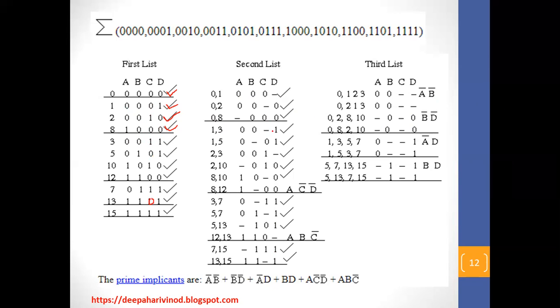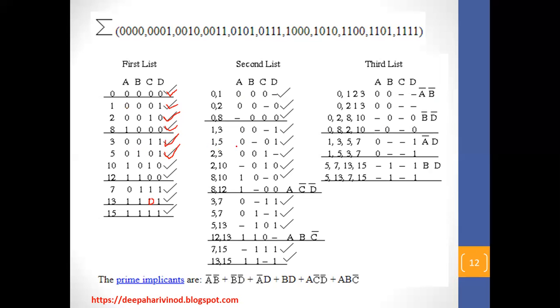So third bit will be dash, as rest everything will be same, 0, 0 dash 1. So mark a tick mark for this. And next is 1, 5. That is 0, 1, 0, 1. So I think the second bit is changing over here. You can notice it from 0 to 1. Rest everything it is 0, so 0 dash 0, 1 will be obtained. I have to put a tick mark over here.